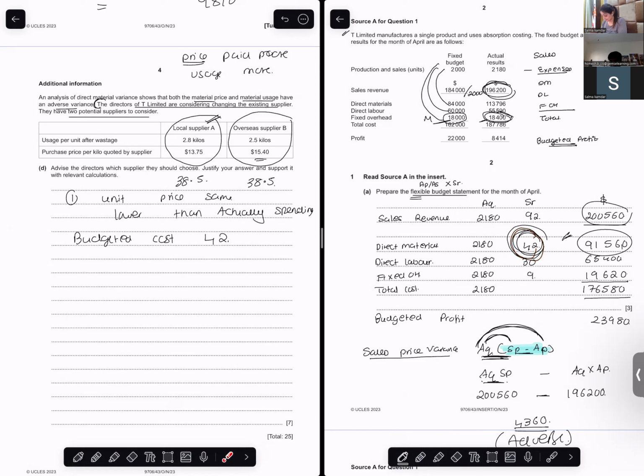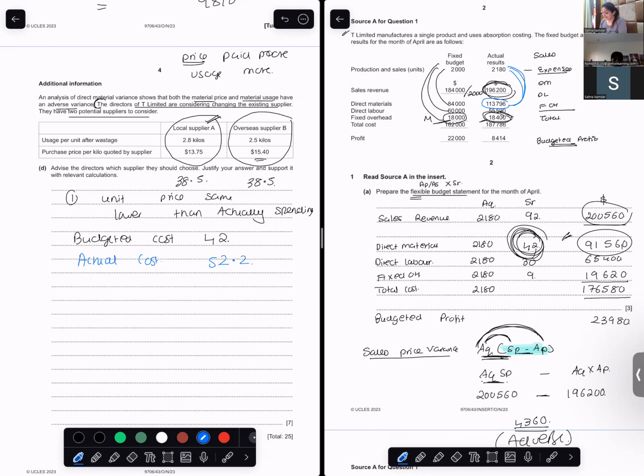Actually, what have you spent? Divide and say, just don't speak in air. Material is 113,796 divided by 280. We're getting 52.2.